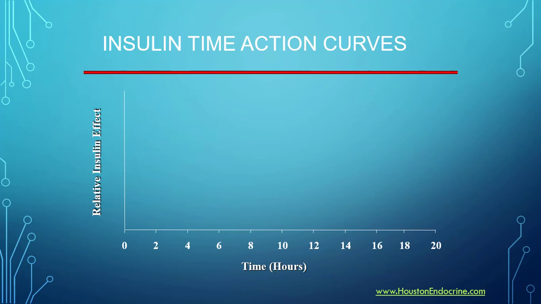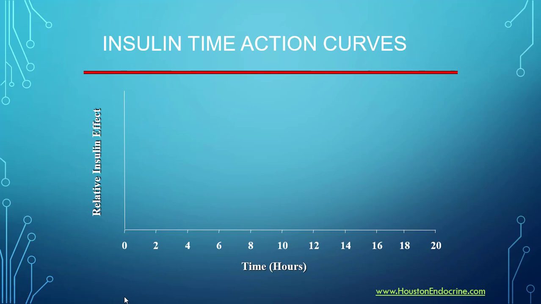The important thing to know before you deal with the continuous glucose meter is how your insulins work. Every insulin you use has an outcome based on how effective the insulin is, or the relative effect of the insulin, which is on the y-axis, and then how long the insulin is going to act.